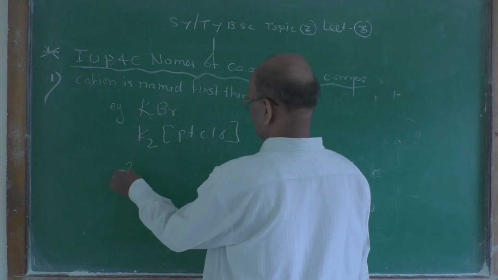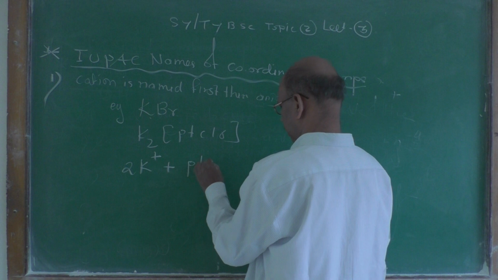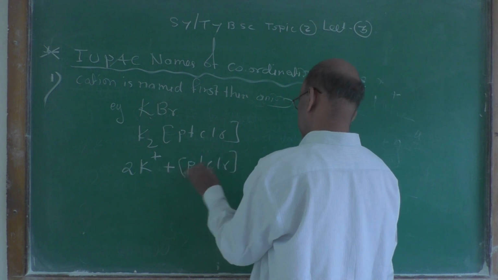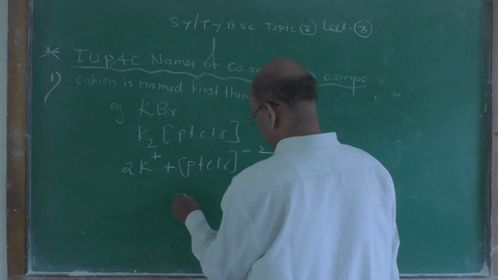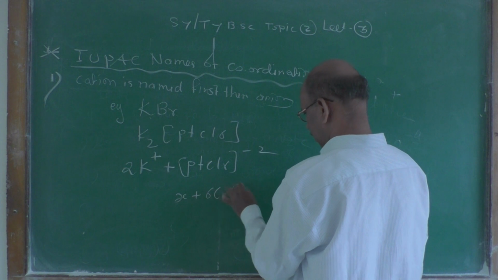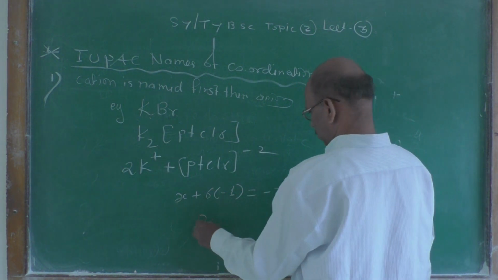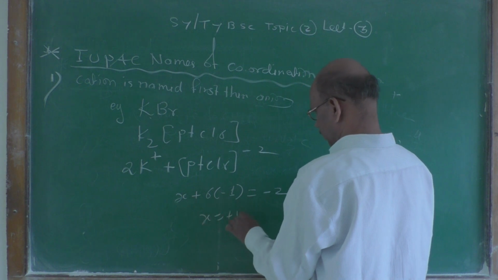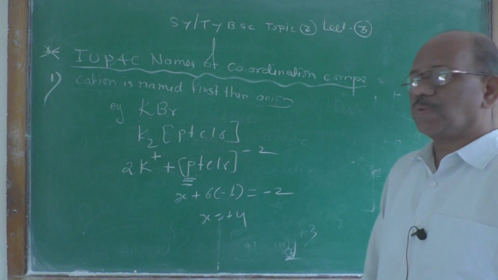If you consider ionization, it gives 2K plus and PtCl6 2 minus. If we find the oxidation state, with 6 chlorides each carrying minus 1 charge, the total is minus 6 plus x equals minus 2, so x becomes plus 4. Means the oxidation state of platinum is plus 4.